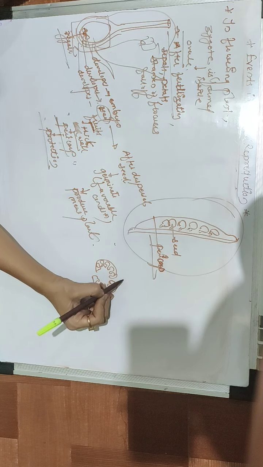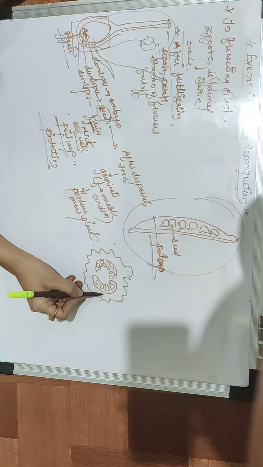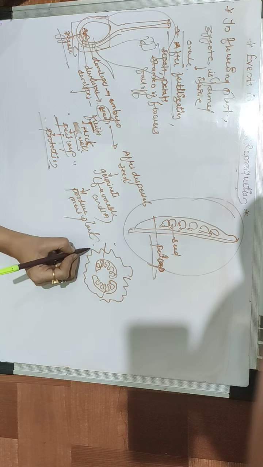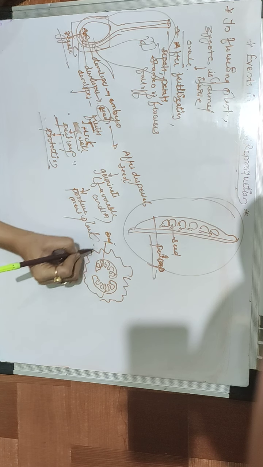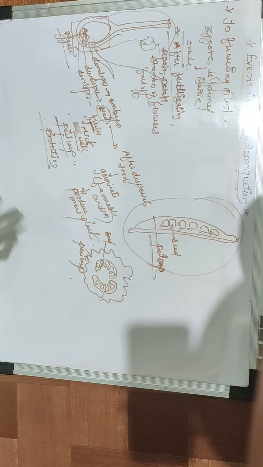And some fruits are like that. So here these are seeds, and this is the pericarp. This is another type of fruit that contains seed and pericarp.